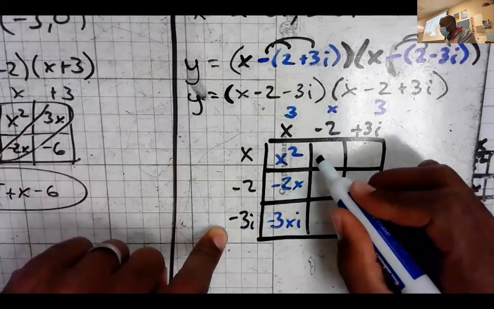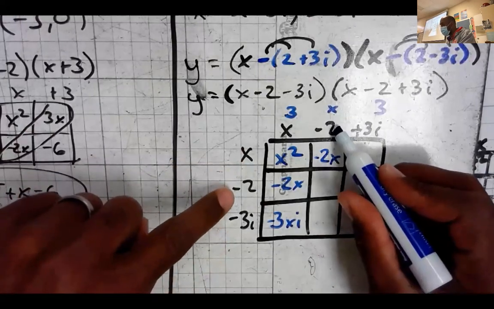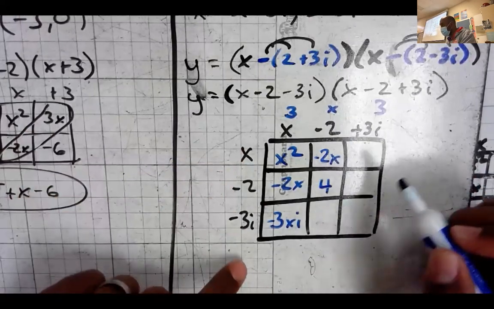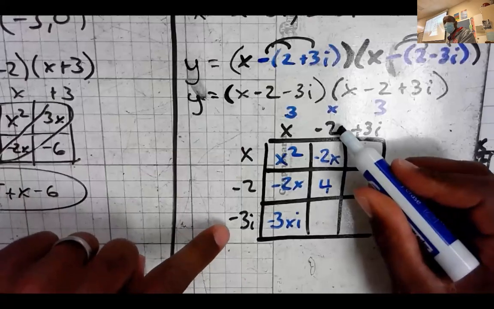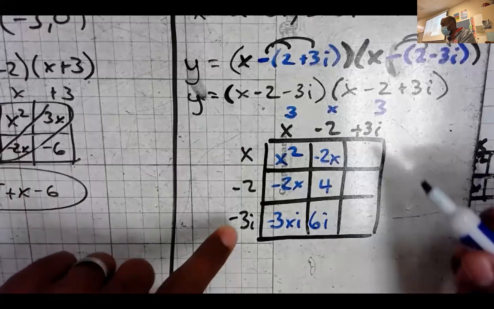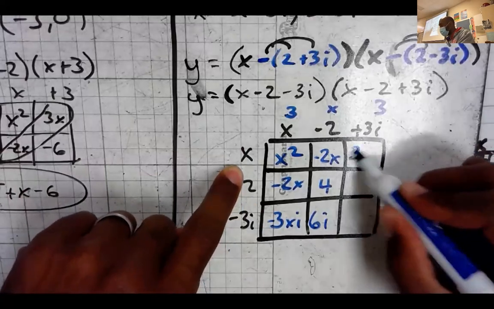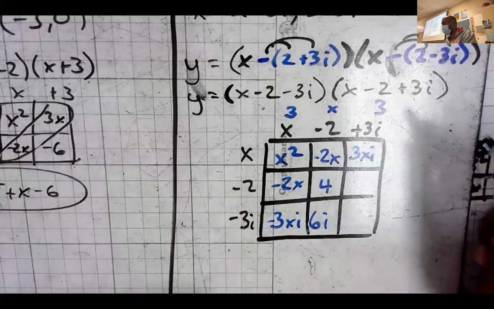Okay, then here, that's also negative 2x. Negative 2 times negative 2, positive 4. Negative 2 times negative 3i, positive 6i. x times 3i again, so it's just positive 3xi this time.